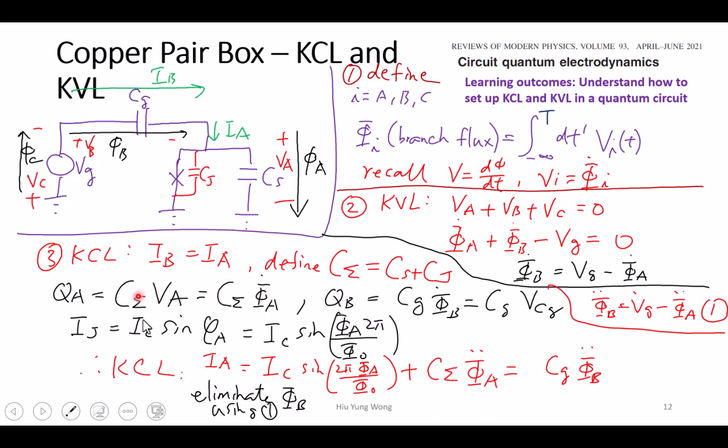The current is dQ/dt, but Q equals C times V, so it's C times dV/dt. Here we showed that V is d phi/dt, so it's C times the second derivative of phi. That's why we have C phi dot dot.